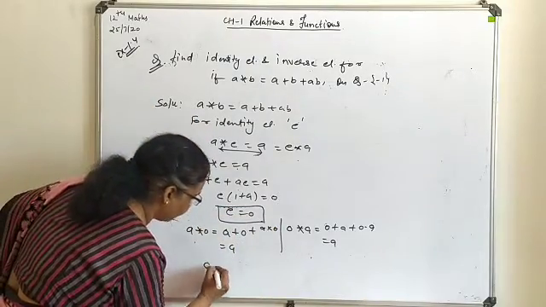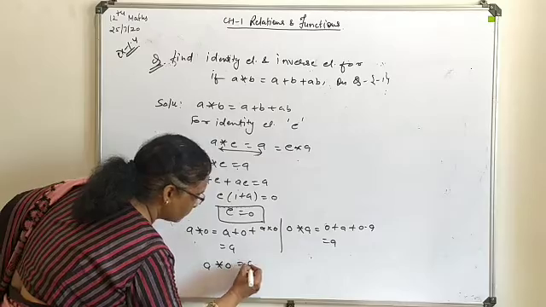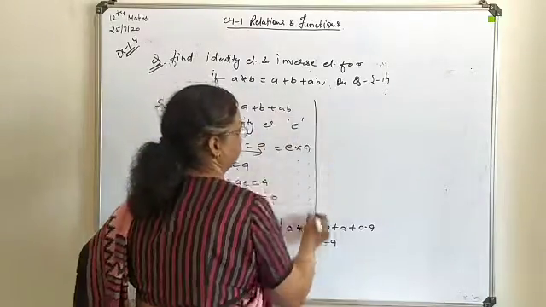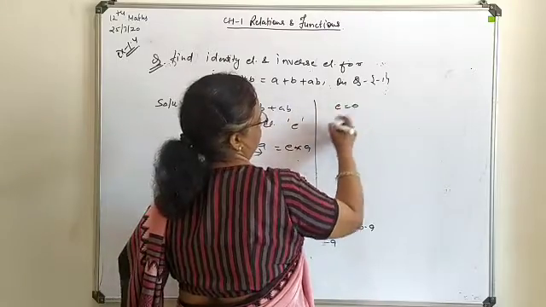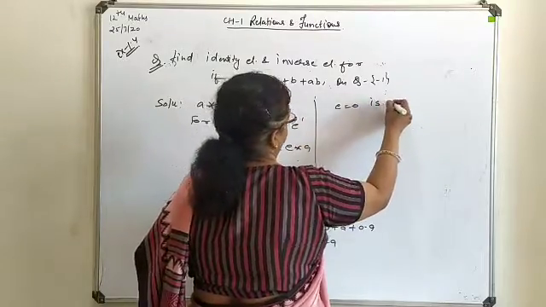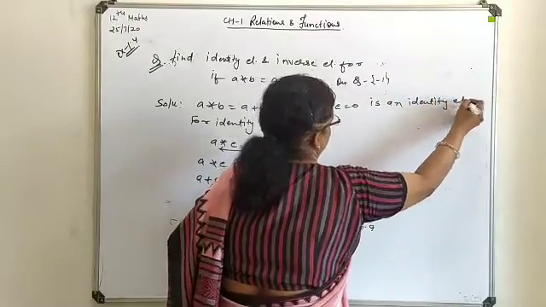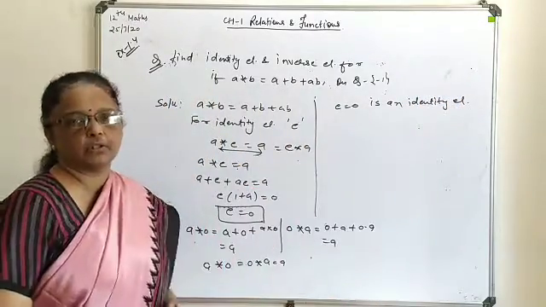So here you can say E is equal to 0 is an identity element.